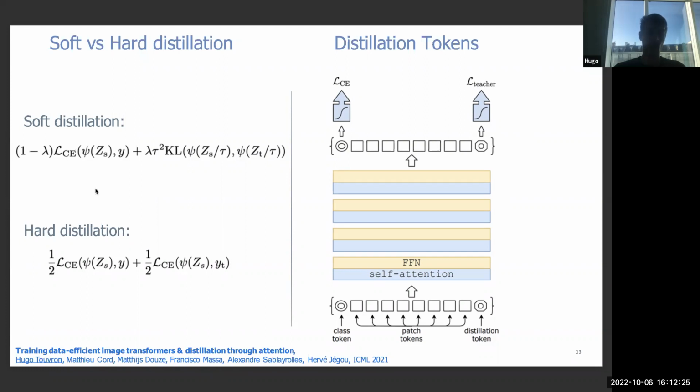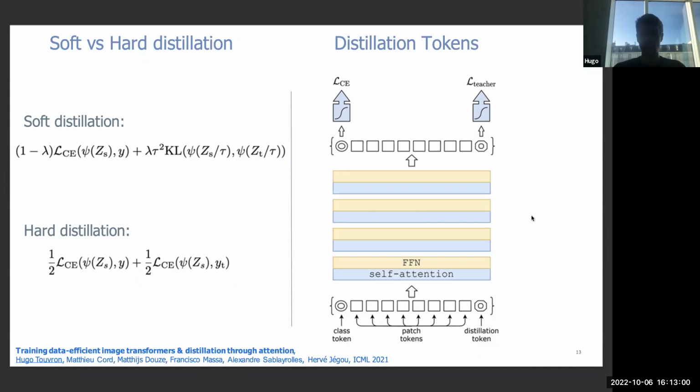Therefore, we try to design a new distillation loss closer to the classical loss without distillation. So we use just an equal weighting between the classical loss, so the cross entropy with the ground truth labels, and the cross entropy with the argmax output of the teacher. And this new formulation of the distillation loss worked quite well, because in that case, we are quite close to the classical cross-entropy loss without distillation, so we don't have to readapt all the hyperparameters.